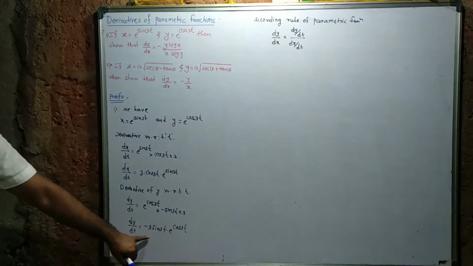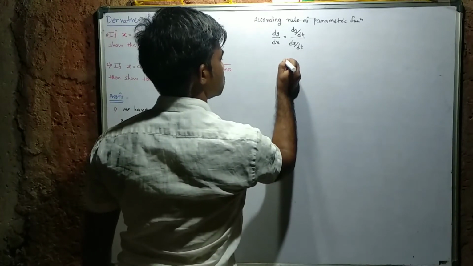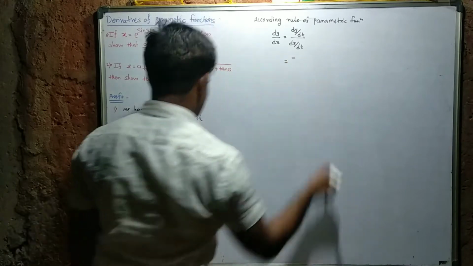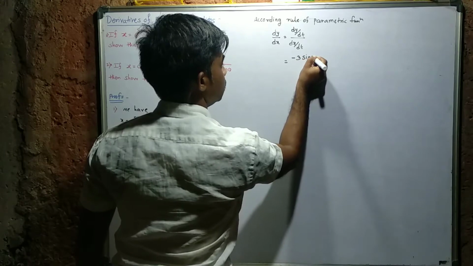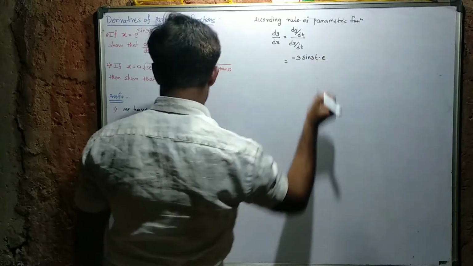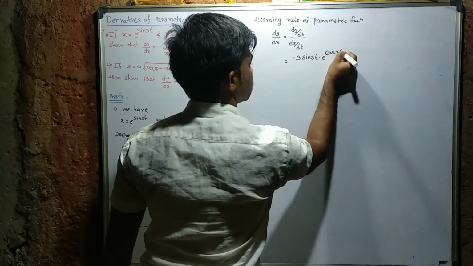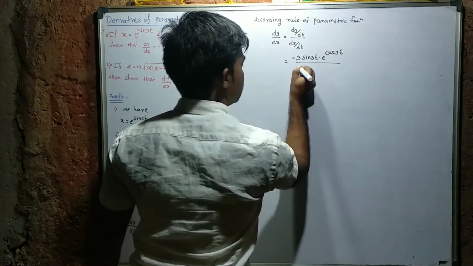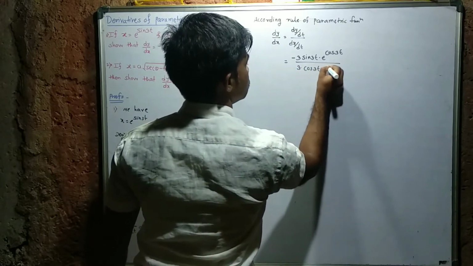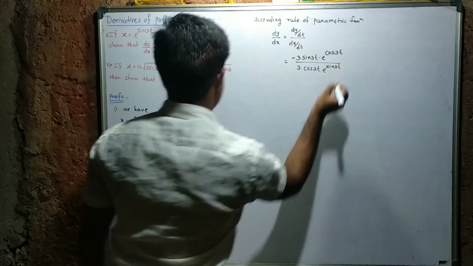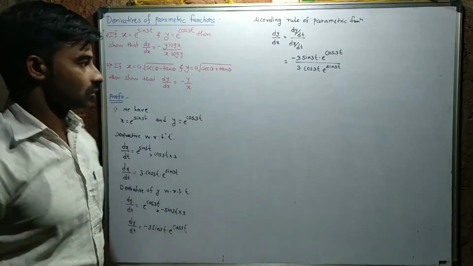Now dy by dt is this one and dx by dt is this one, and by using these we get minus 3 into sine 3t into e raised to cos 3t, divided by 3 into cos 3t into e raised to sine 3t.